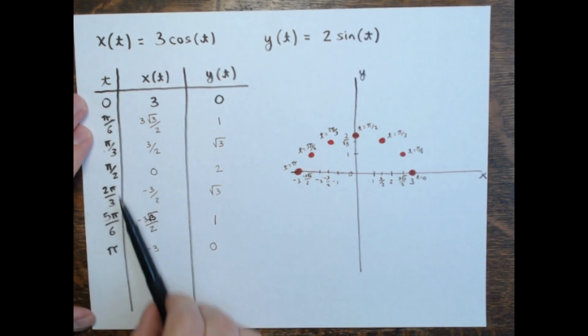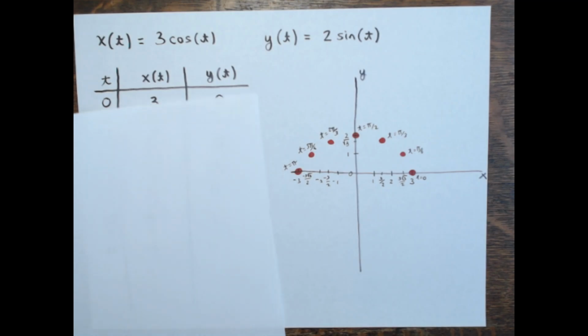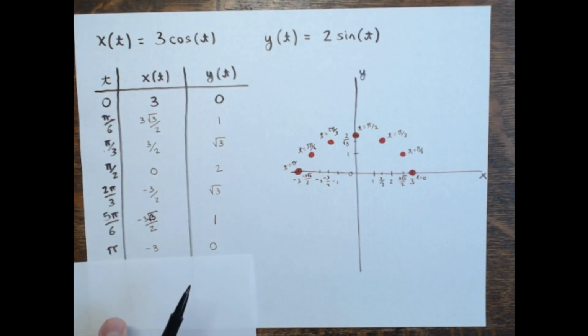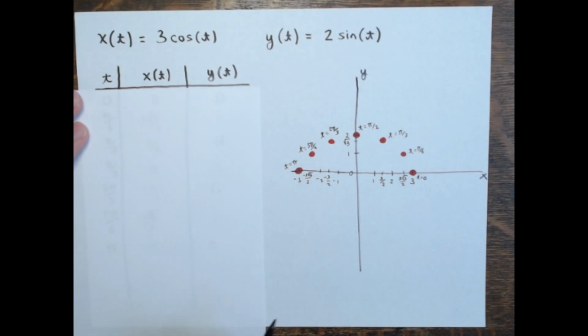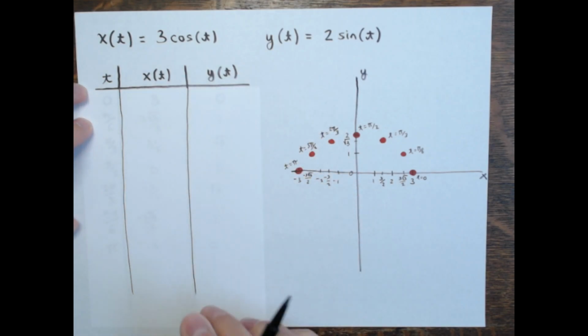Now this was from 0 to pi. I'm going to do more of the table here. Let's just continue it. So I'm going from pi, and I'll keep going by pi over 6.